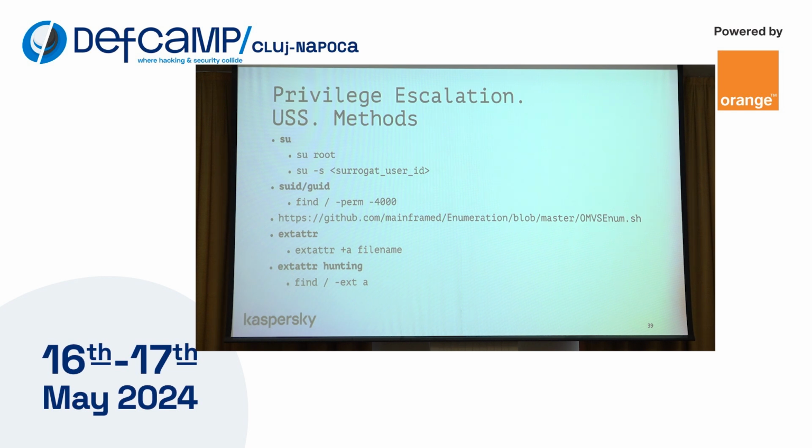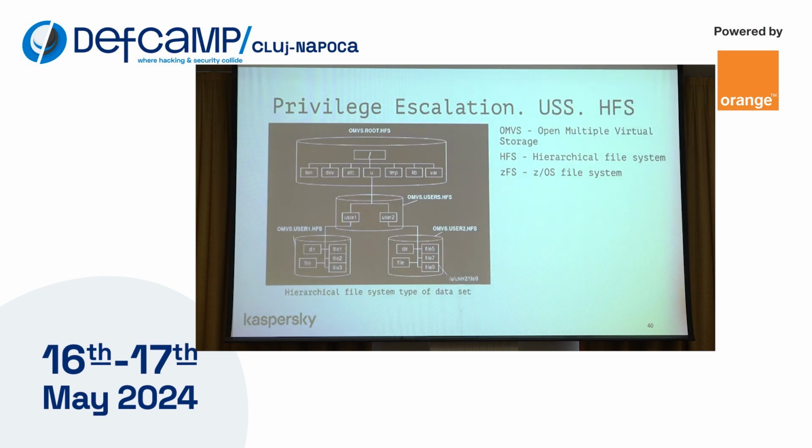Xutter with the flag +A allows you to set the APF flag on a Unix file. But a Unix file is also a dataset, just in another format. It may be HFS, the hierarchical file system, or ZFS, the z/OS file system, but it is also a dataset.